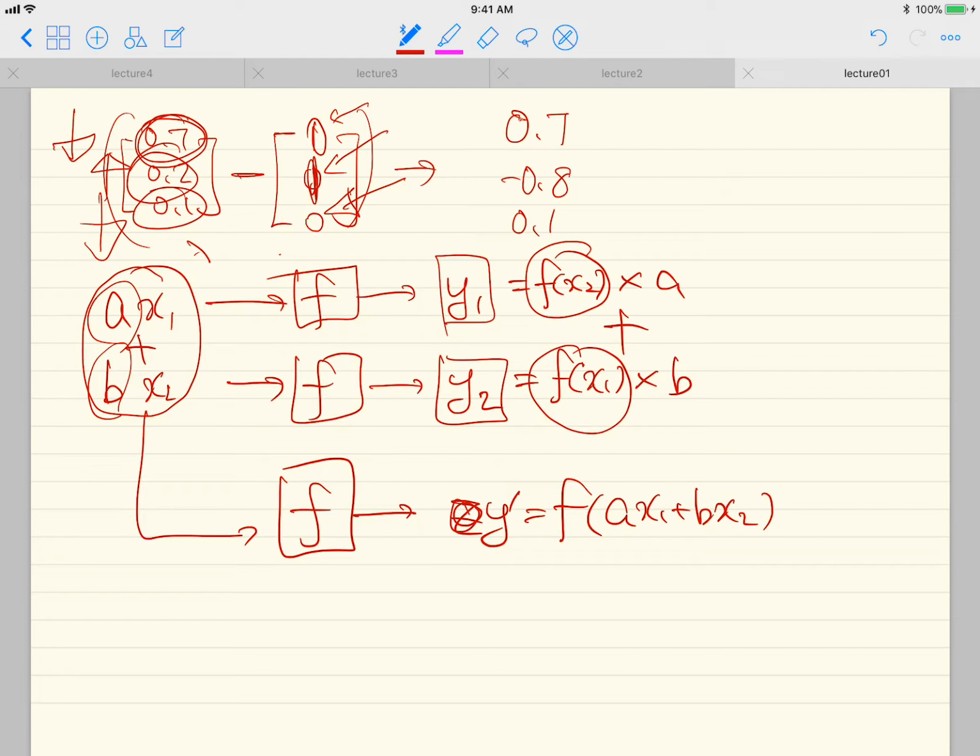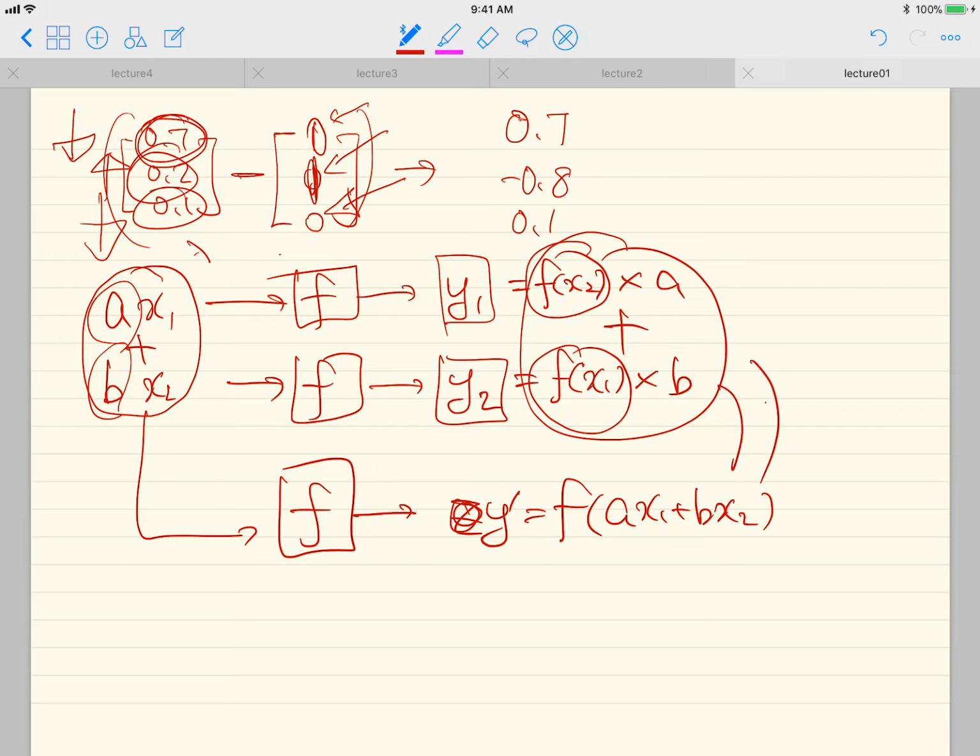If these two are always the same, then the function is linear. Okay, back to the ReLU function.